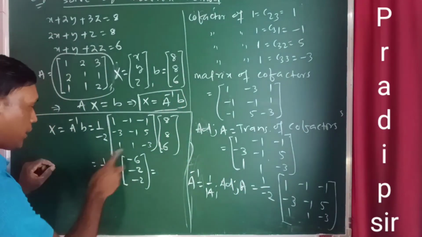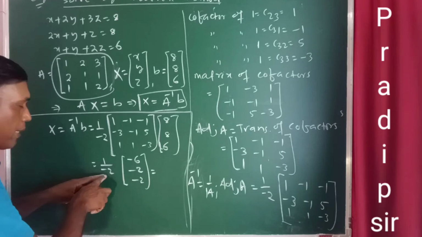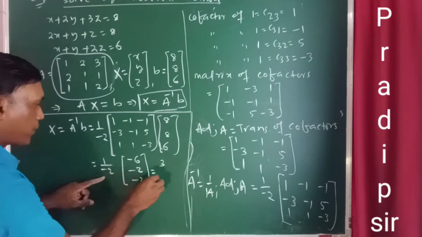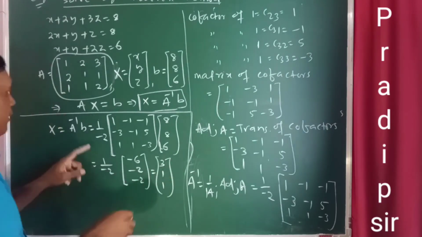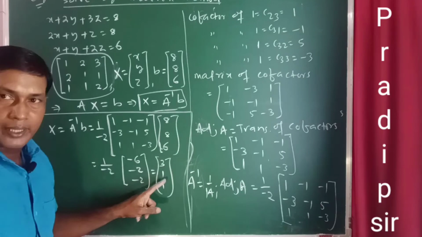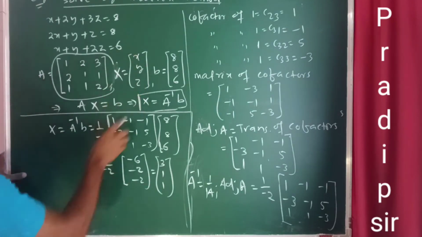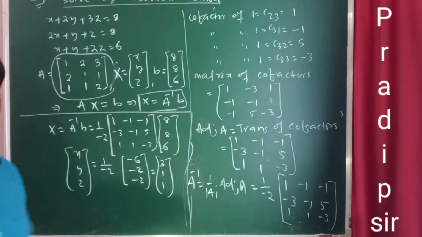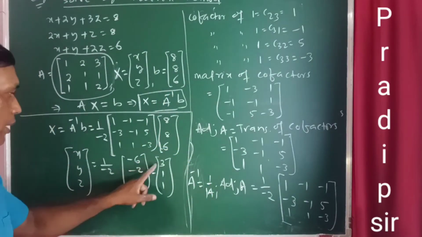So this will be 1 by -2 into all elements. That means divide by -2. -6 by -2 is 3, -2 by -2 is 1, -2 by -2 is 1. So you get A inverse into B matrix is this, but actually A inverse into B is X, and X matrix is X, Y, Z. So eventually we get X, Y, Z is equal to 3, 1, 1.